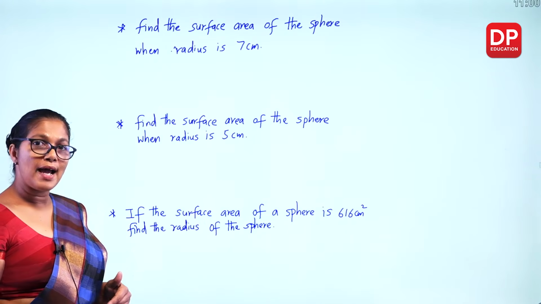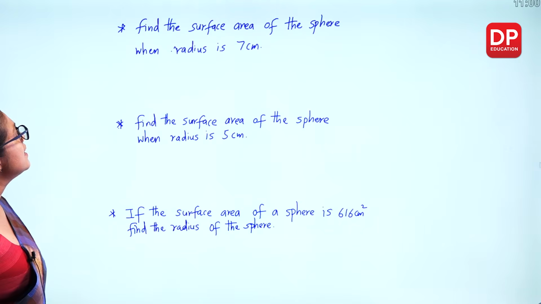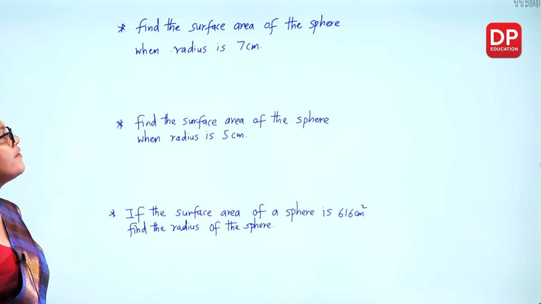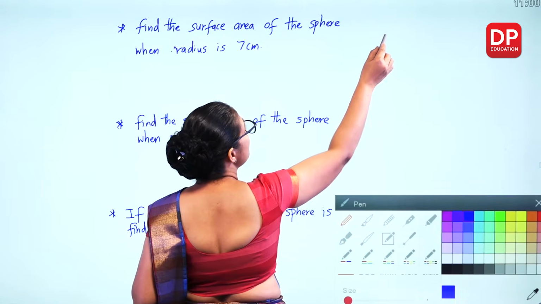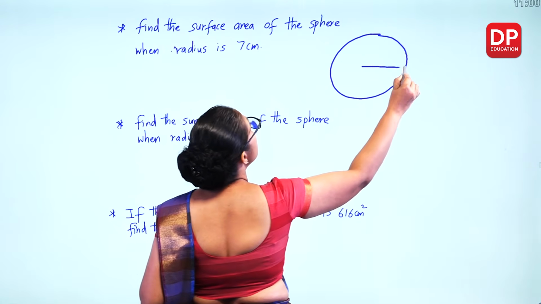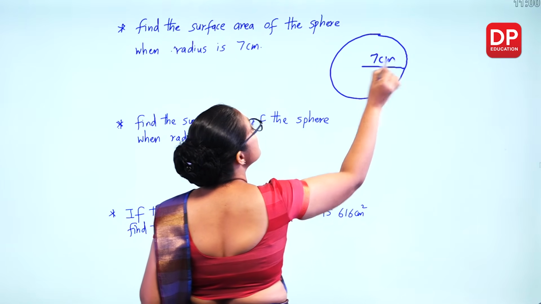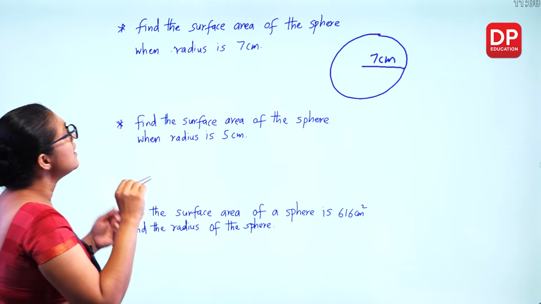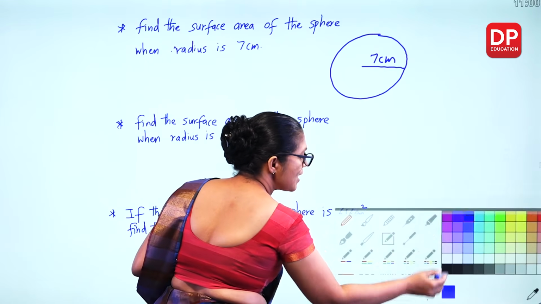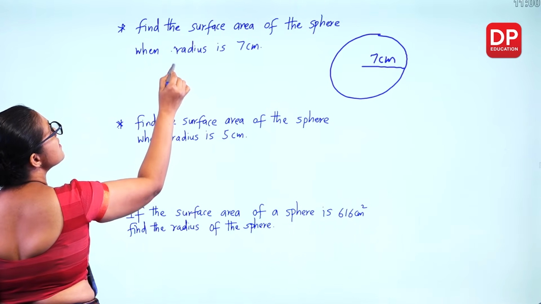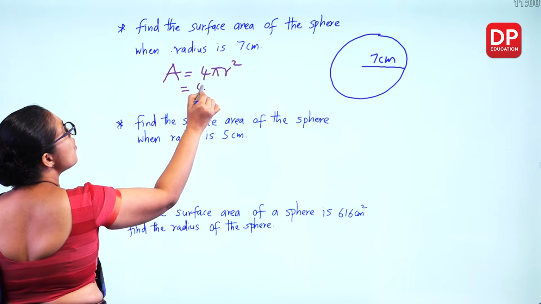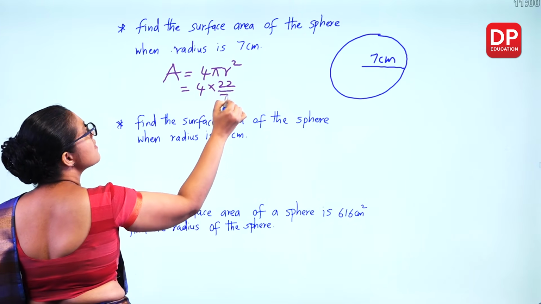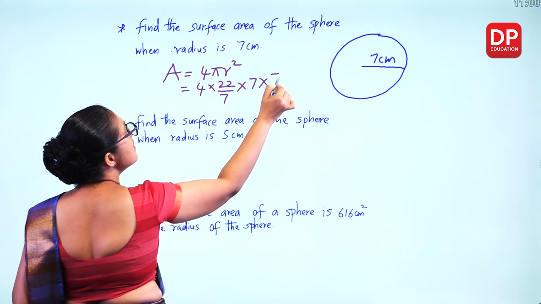Now we'll apply that formula in examples. In the first example, it says find the surface area of the sphere when the radius is 7. We'll draw the diagram. This is a sphere, radius is 7 centimeters, and you are asked to find the surface area. Straight away you can apply the formula. Surface area is 4 pi r squared. 4 times pi, we take 22 over 7, radius is 7.